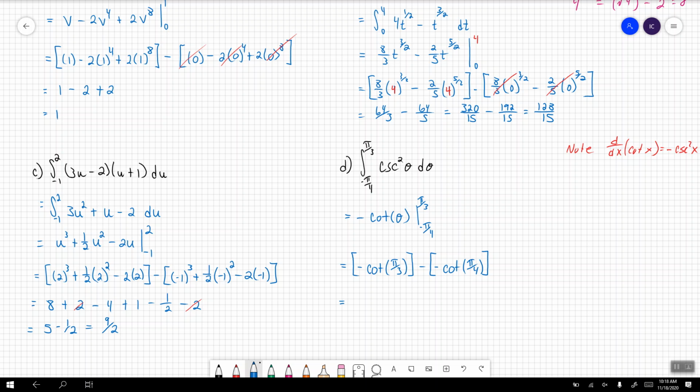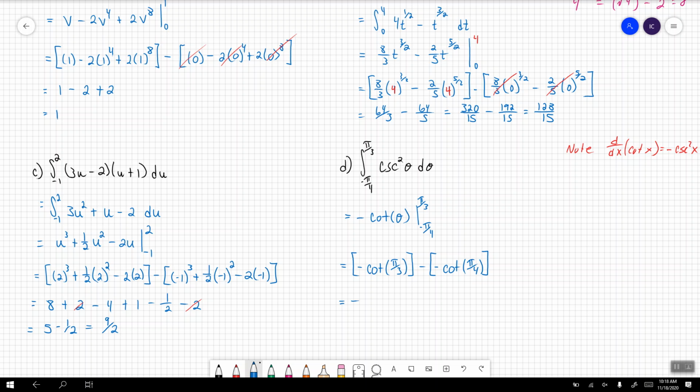So here we have cotangent at pi thirds. Now cotangent at pi thirds, cotangent is the ratio of cosine over sine. So we're going to be looking for the value of cosine at pi thirds, and we're going to be dividing that by the value of sine at pi thirds.